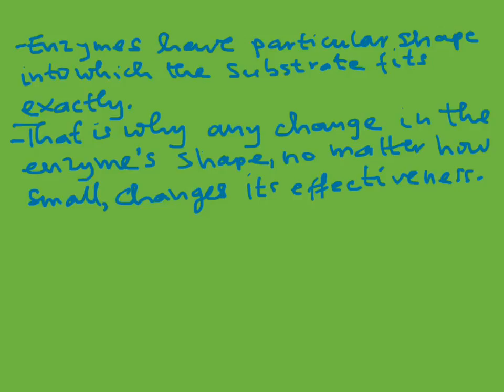If any change occurs at this site, no matter how small that change is, this will go a long way to affect the effectiveness of this enzyme, so that at some point, the substrate may not be able to fit again in that particular active site.